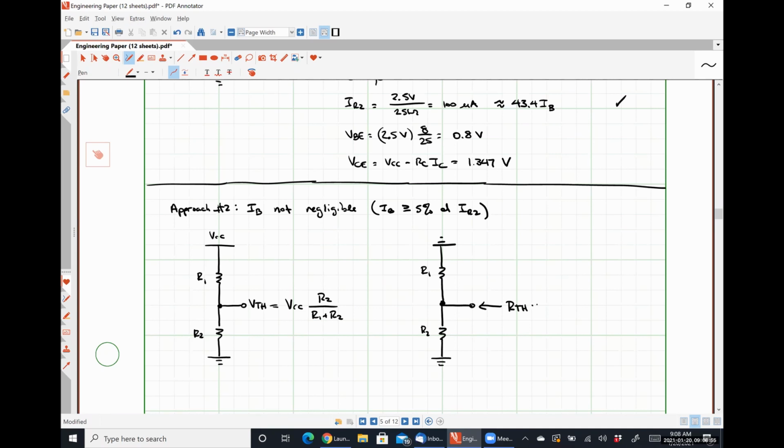Sorry about that. So what's the Thevenin resistance seen looking into that terminal? Yeah, because R1 in parallel with R2.